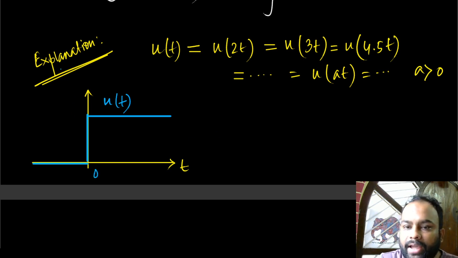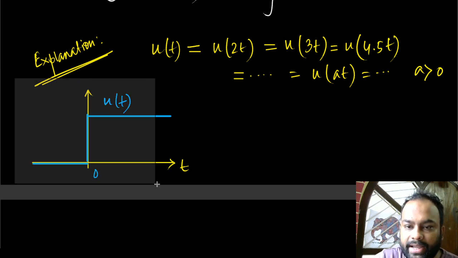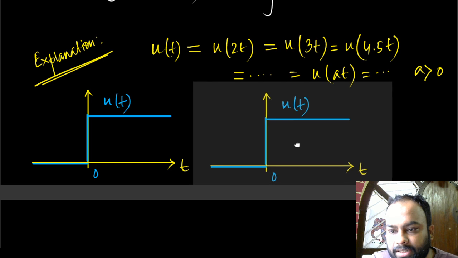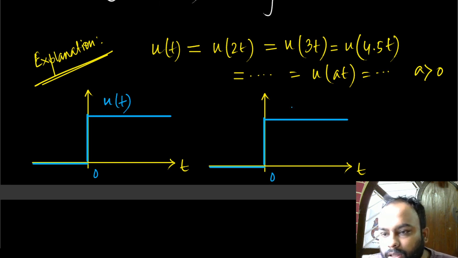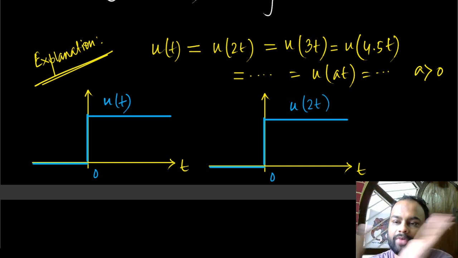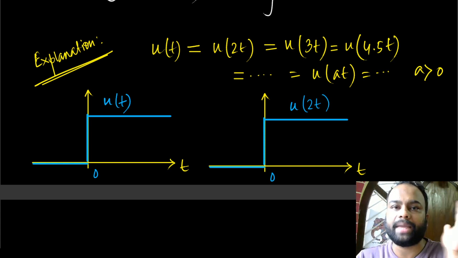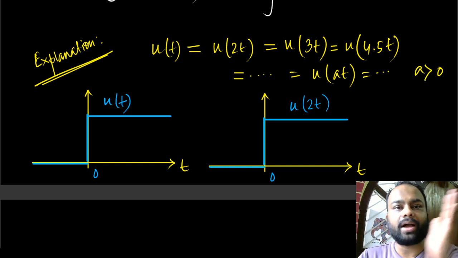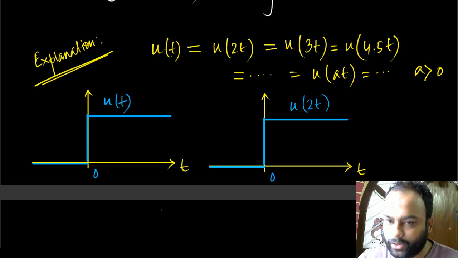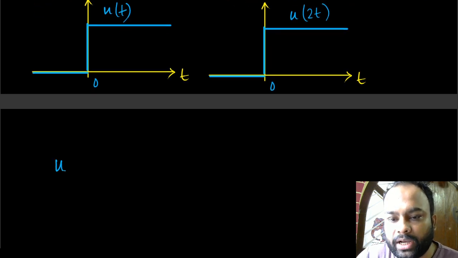So what if I take this signal and copy paste it, and I want to calculate u of 2t? So what is u of 2t? U of 2t is a time contraction, so we are contracting the signal, right? But even if I contract the signal, does anything change? No, nothing changes. Because how is ut defined?